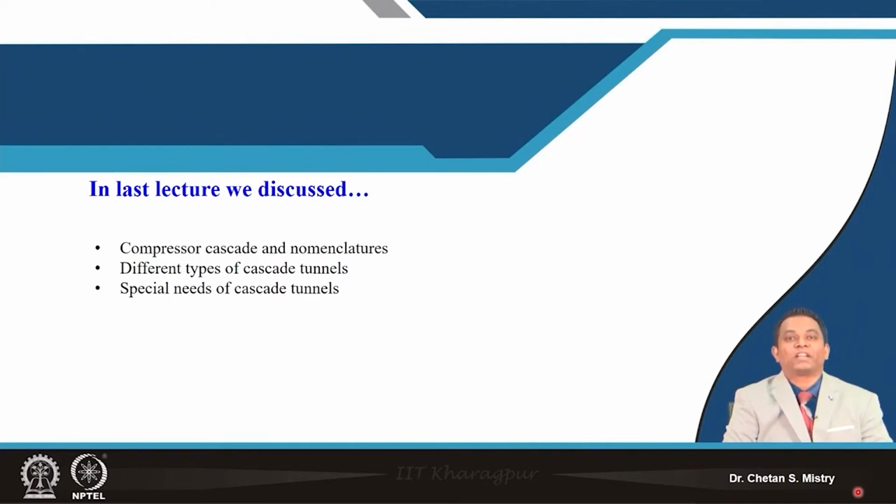In a linear cascade tunnel, the aerofoil at a particular station is considered for the study, so it gives blade-to-blade information. Similarly, near the end wall region it gives an idea about the formation of secondary flows. But the limitation we discussed is that it is not possible to consider the variation of pressure along the span, because it does not take care of radial equilibrium.